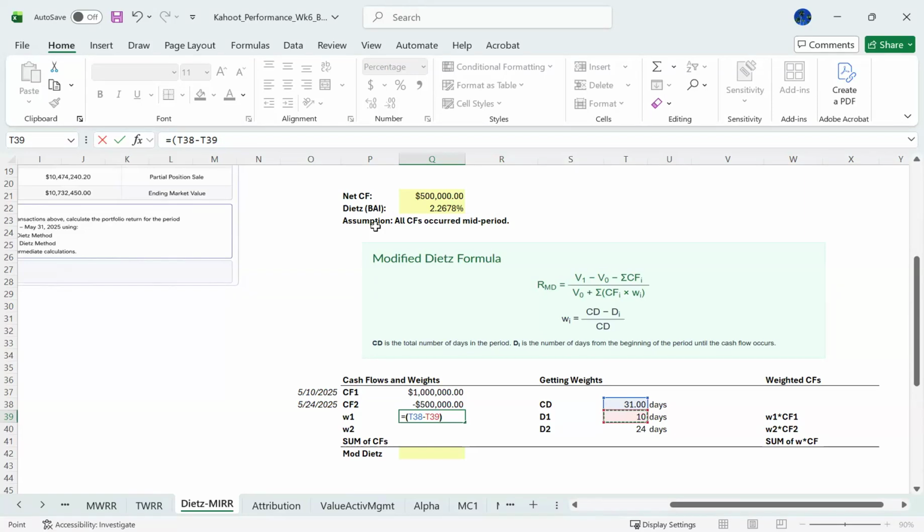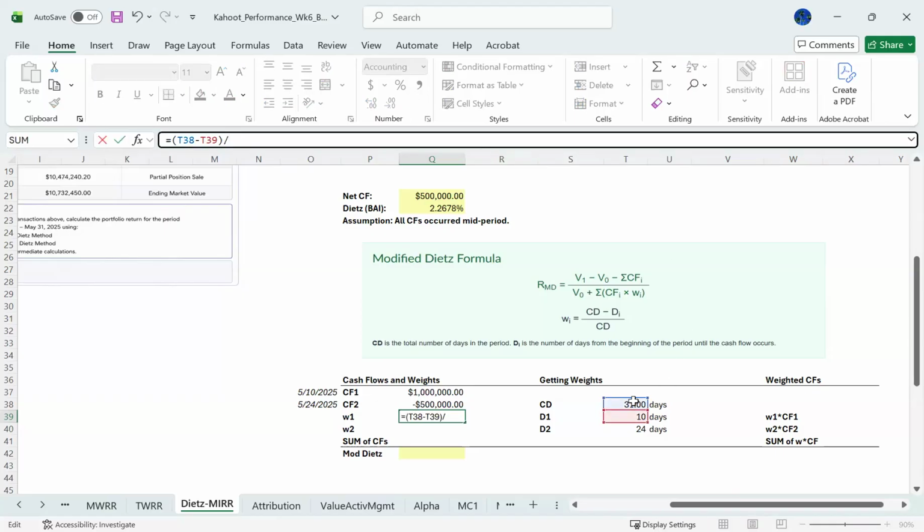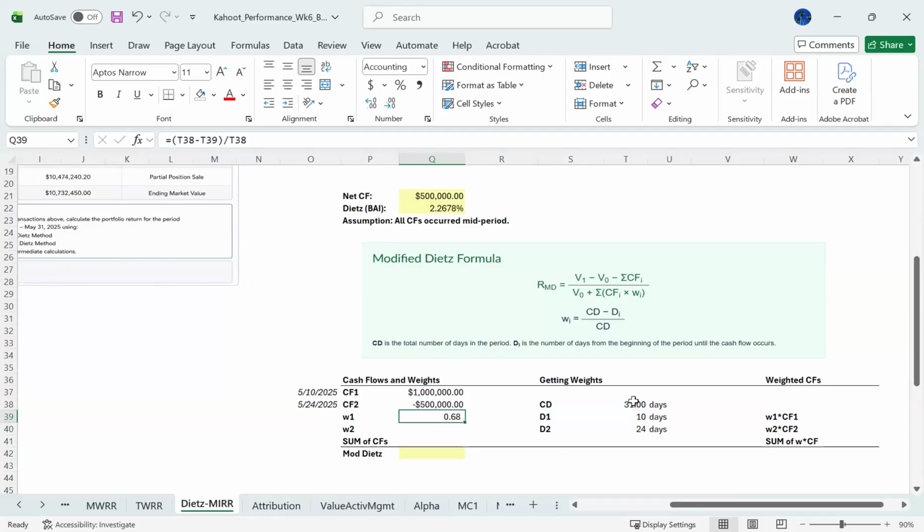So cash flow one was in the fund for 21 days. Then let's divide that by the overall window to get it as a percentage, and it's 68%.